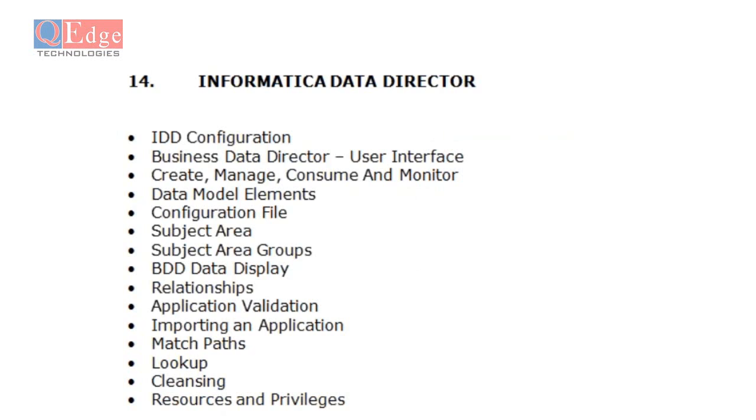So basically, IDD is just a web console, a console tool that you access over the browser, and what it does is you just view the data. That's the simple definition of an IDD. So I'm going to tell you how you can configure the IDD, how you can create an application, how you can consume, how you can monitor, everything I'll be telling you.